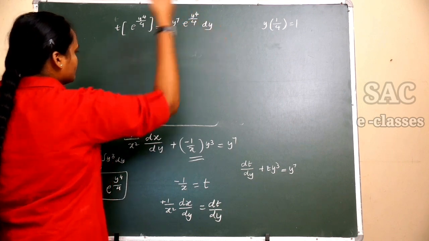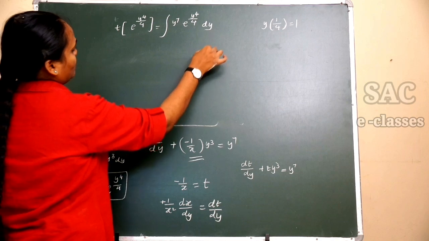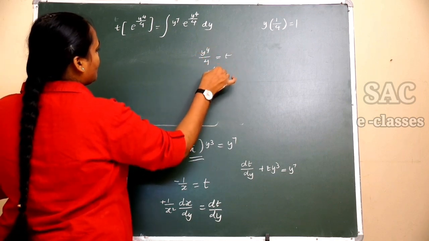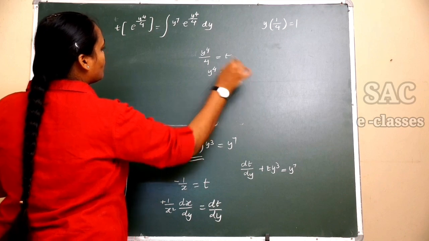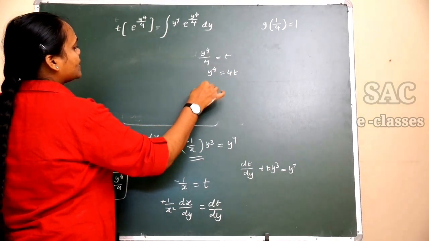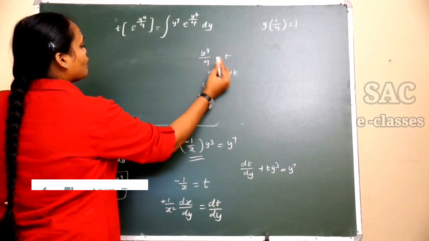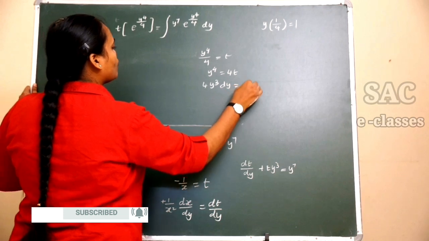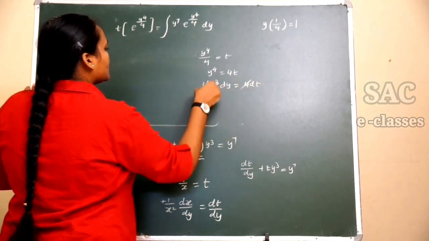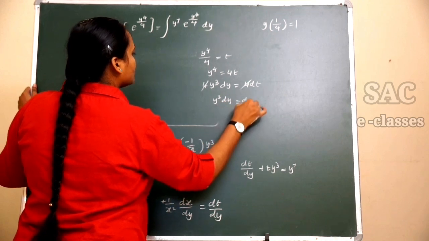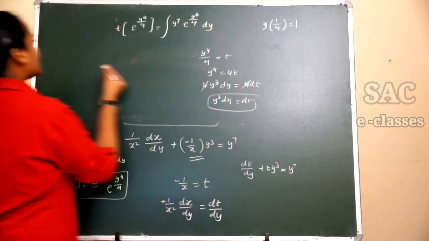Let's assume that y power 4 by 4 is some t. That means y power 4 is equal to 4t. Going for the differentiation both sides, 4y cube dy is equal to 4 dt. Then y cube dy is equal to dt. Let's convert the given one.